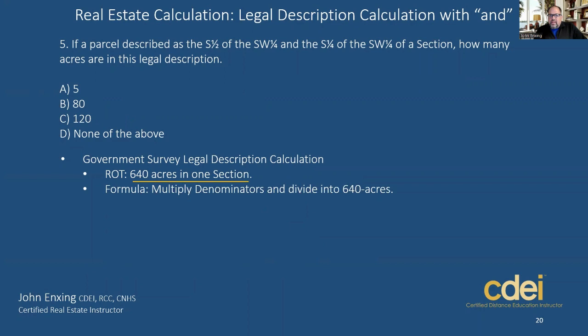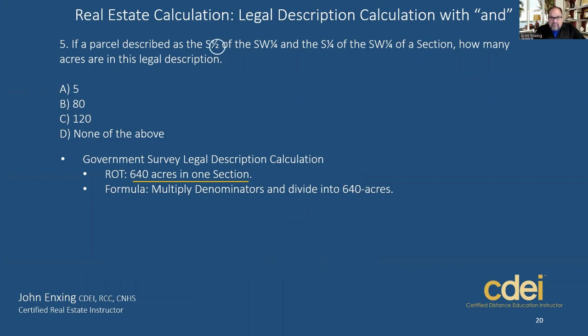Now, it's a very easy calculation because all you have to do is take the legal description, the denominators out of the fractions, and multiply them together. Okay. So 2 times 4 times 4 times 4. If there wasn't the word and there and I multiply them together, I get a number. I just divide it into 640 and that's my acreage. Okay.